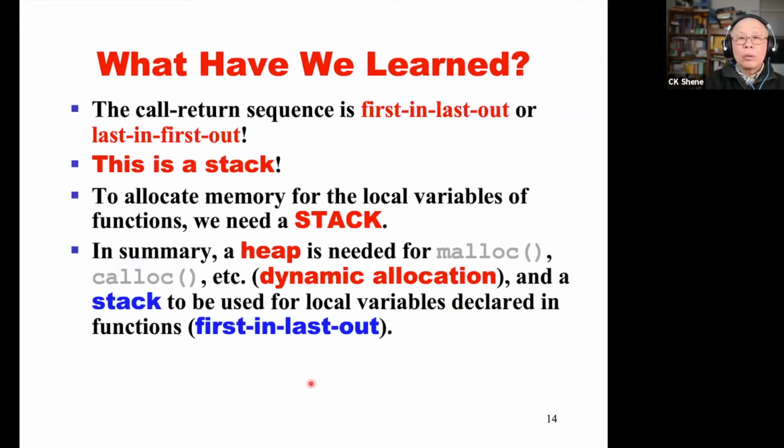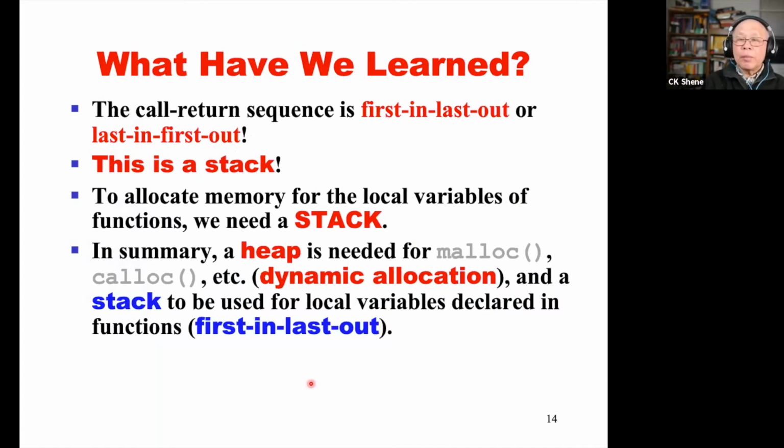Now, that's what we have learned. The call-return sequence is a first in, last out order, or if you like, last in, first out order. This is a stack. To allocate memory for local variables of functions, we need such a stack.